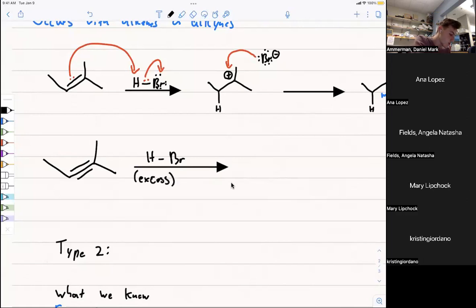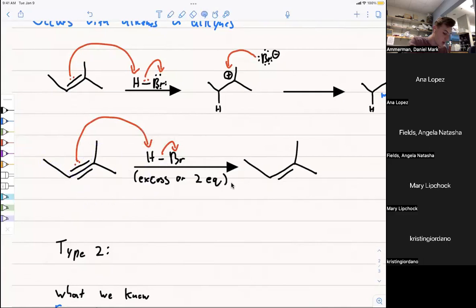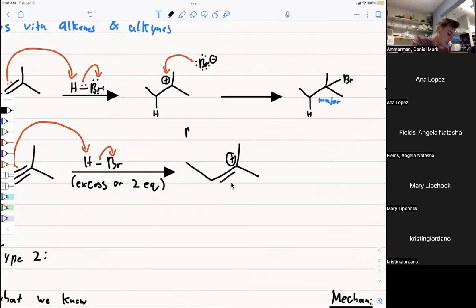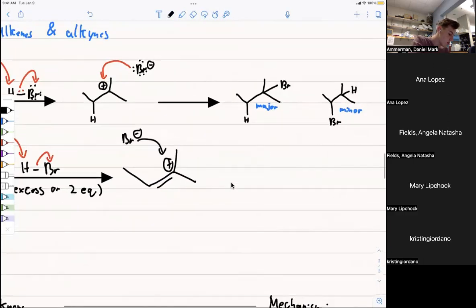So it's excess, or it could also say 2 equivalents. So same thing, this adds and this moves. We then get the carbocation here, and we add the Br, and get this.